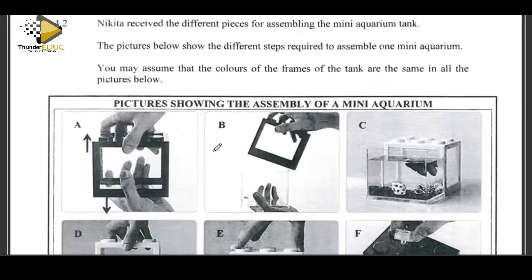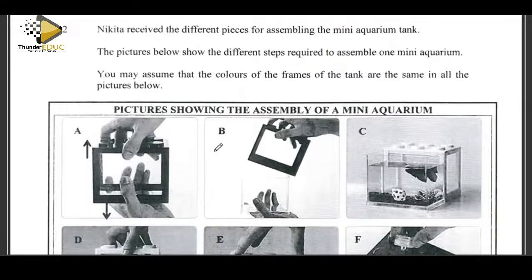Nikita received instructions for assembling the mini aquarium tank. The picture below shows the different steps required to assemble one mini aquarium. You may assume that the colors of the frames of the tank are the same in all pictures.